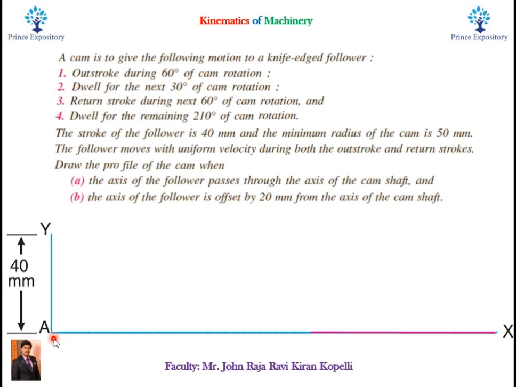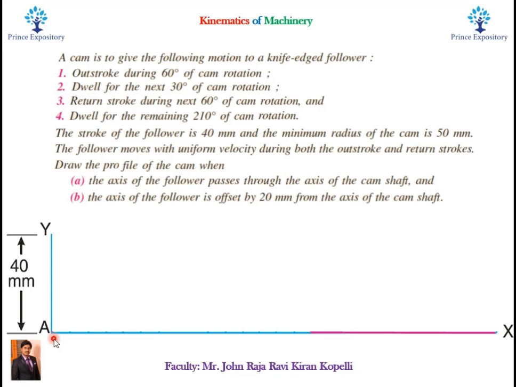So how does it help us? For example, we will now consider a scale for constructing this displacement diagram. What is the scale meant for? Angles of rotation should be converted into centimeters. Let us say, for example, 10 degrees is equal to 1 centimeter.